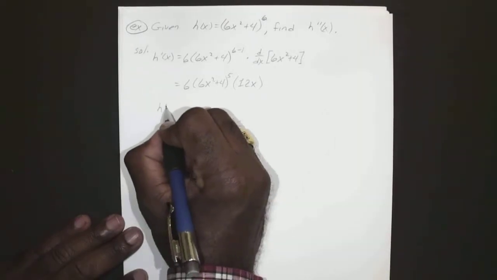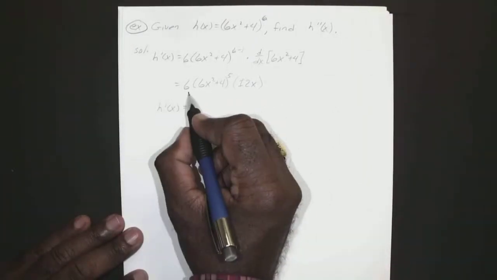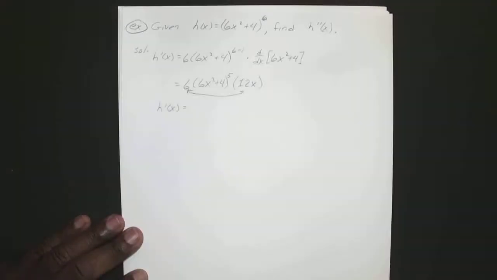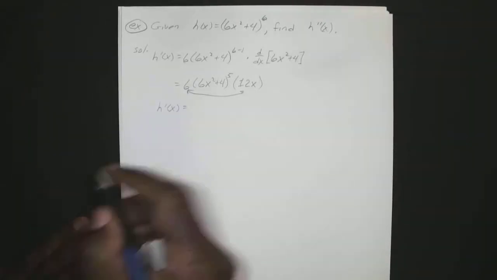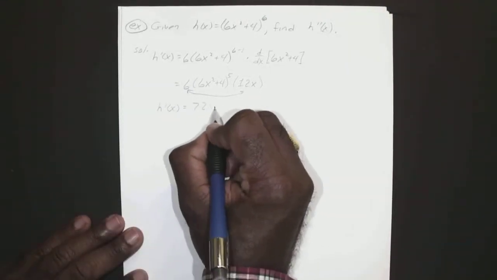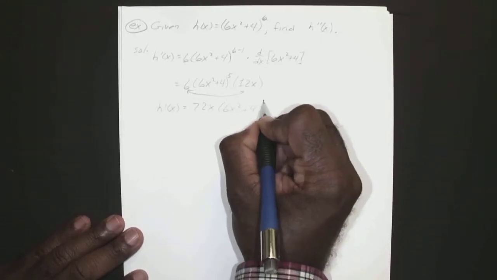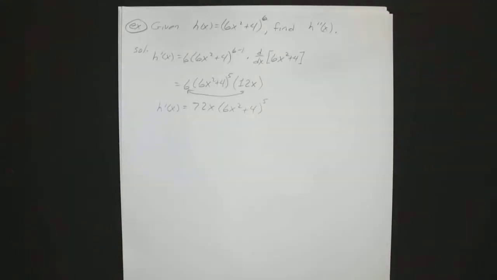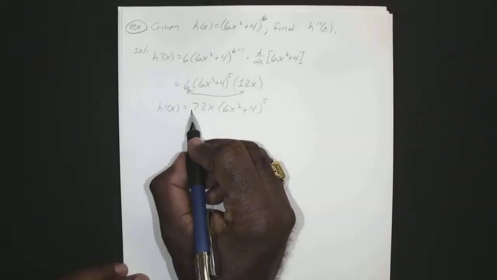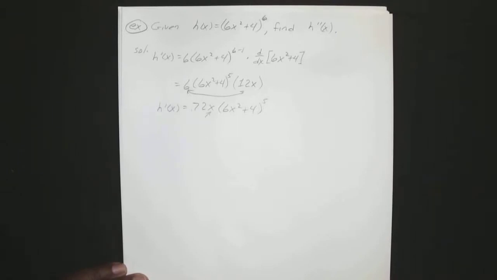Okay, so we know our h prime of x is equal to, multiply that, that just becomes 72x times (6x² + 4)^5. Okay, so just the fact that that x is here means you have to use the product rule.